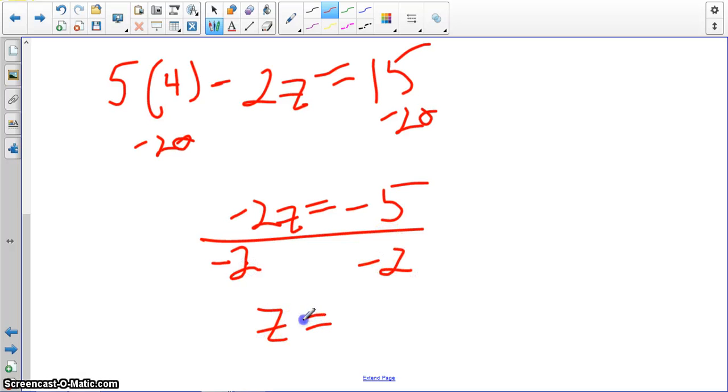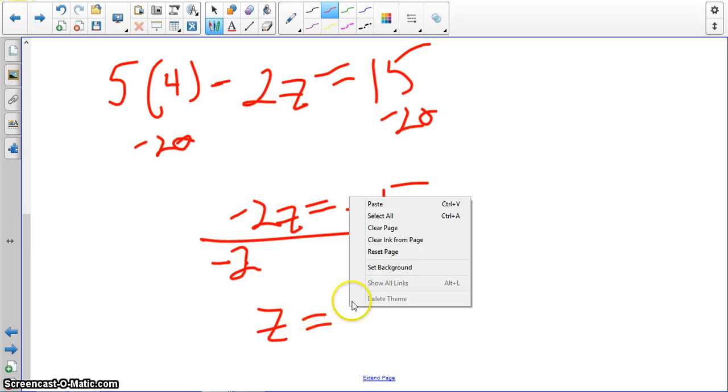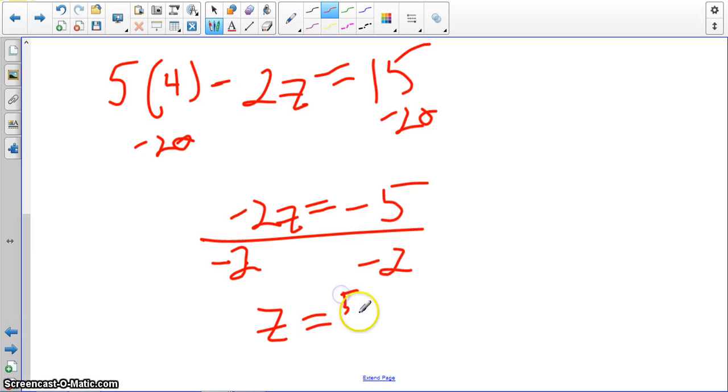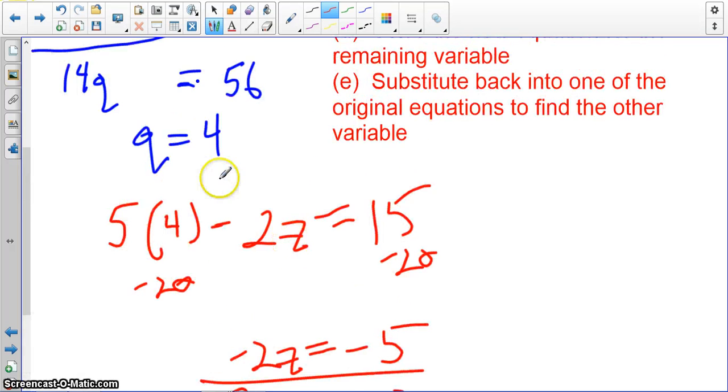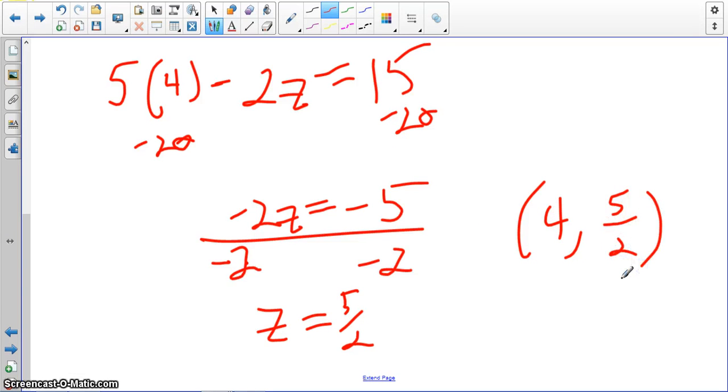Z is negative 5 divided by negative 2, which is 5 over 2. Negative divided by negative is an overall positive. So there you go. So q equals 4, z equals 5 over 2, or 2.5. However you want to write it is okay.